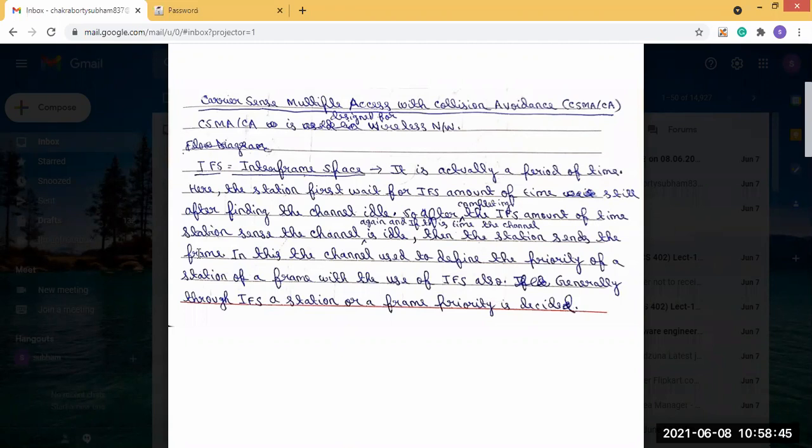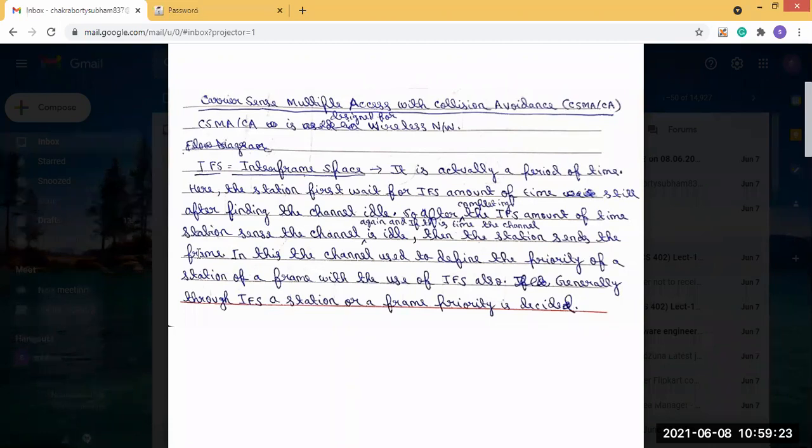The station which has the highest priority will use less IFS time, and the station which immediately wants to send a frame will use a small IFS amount of time. This is basically the interframe space concept.